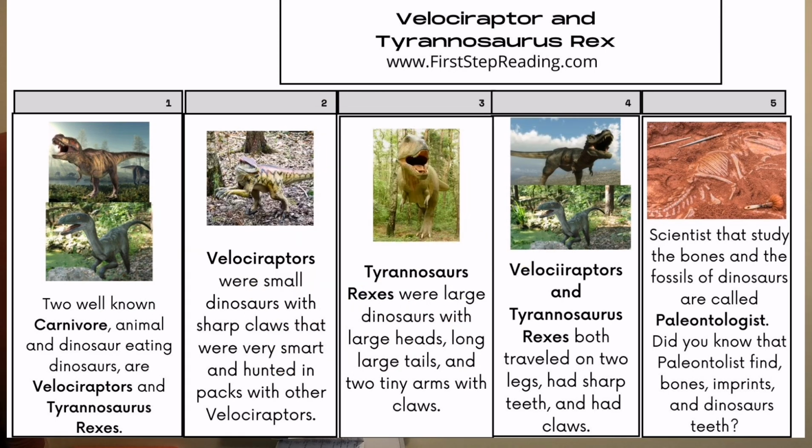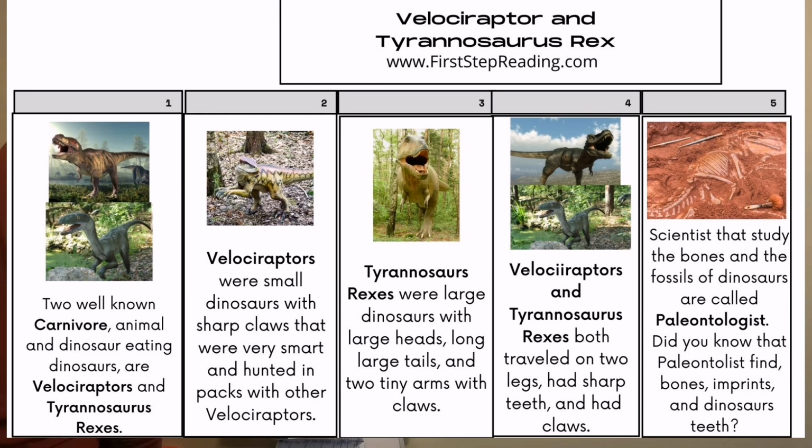Velociraptors were small dinosaurs with sharp claws that were very smart and hunted in packs with other velociraptors. Tyrannosaurus Rexes were large dinosaurs with large heads, long, large tails, and 2 tiny arms with claws. Velociraptors and Tyrannosaurus Rexes both traveled on 2 legs, had sharp teeth, and had claws.